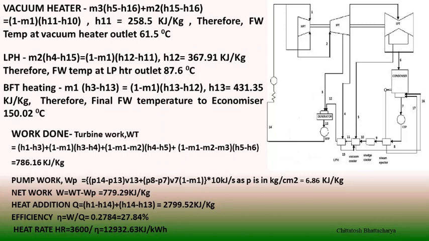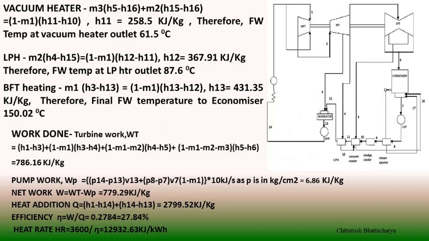Work done in that case comes out to be 786.16 kilojoule per kg by the turbine work. Pump work is equivalent to 6.86 kilojoule per kg. So net work is 779.29 kilojoule per kg. Heat addition remains at the level of 2799.52 kilojoule per kg.